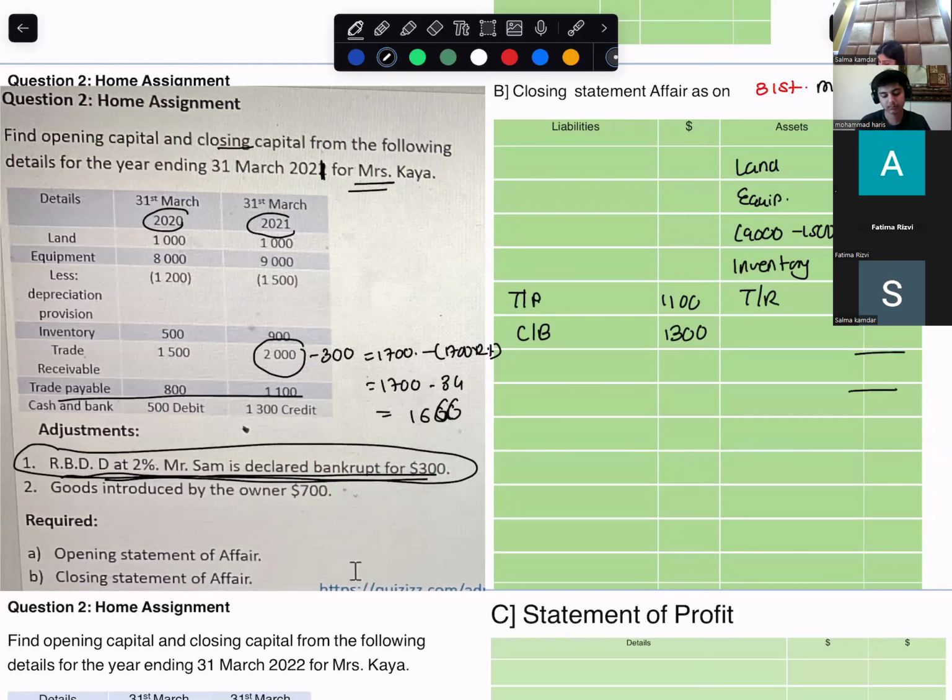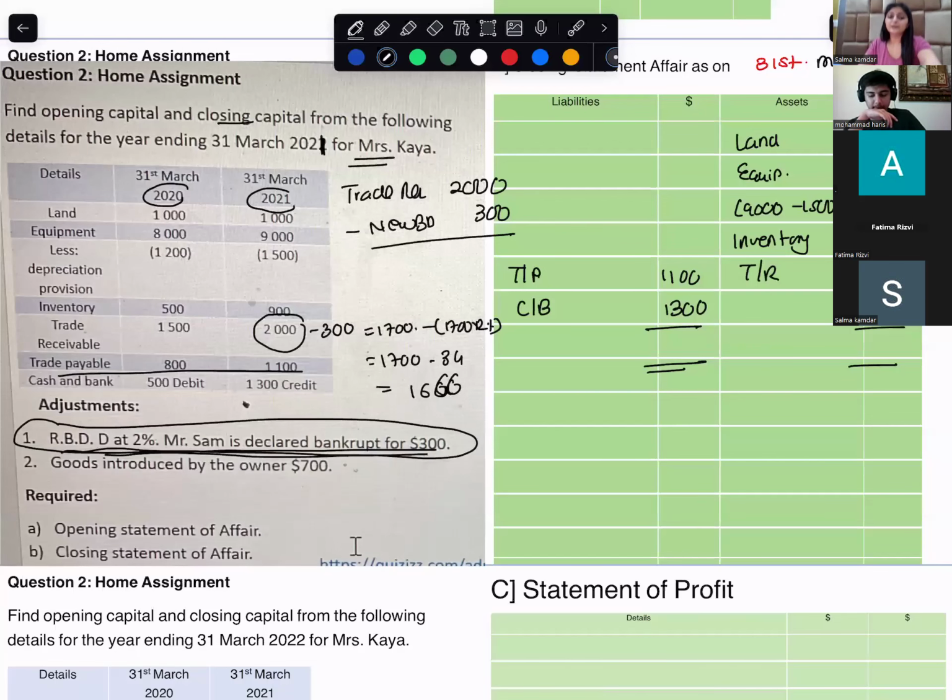What is your total assets? Please give me the total assets. 11,066. Yes, 11,066.